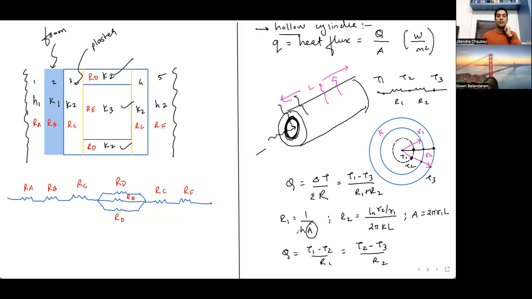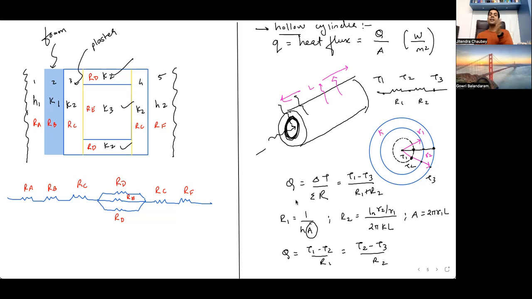Now this convection was inside the cylinder, so the radius in contact was R1. If there had been a convection outside the cylinder, in that case the area would be 2 pi R2 L. So in this case, R2 is just conduction.